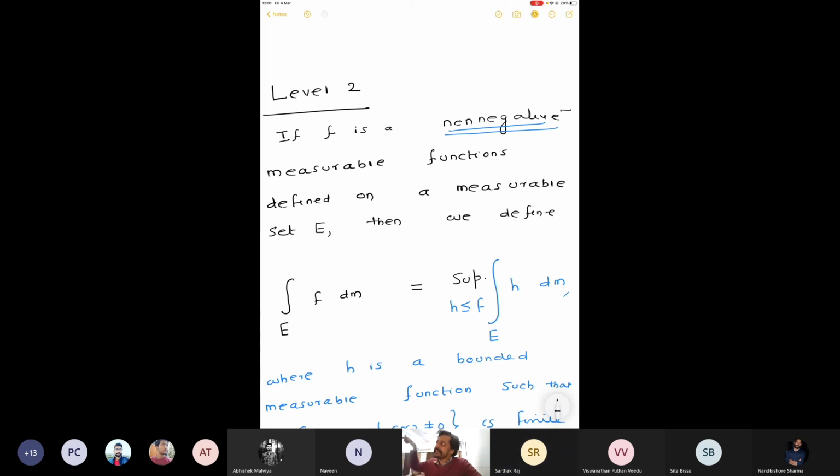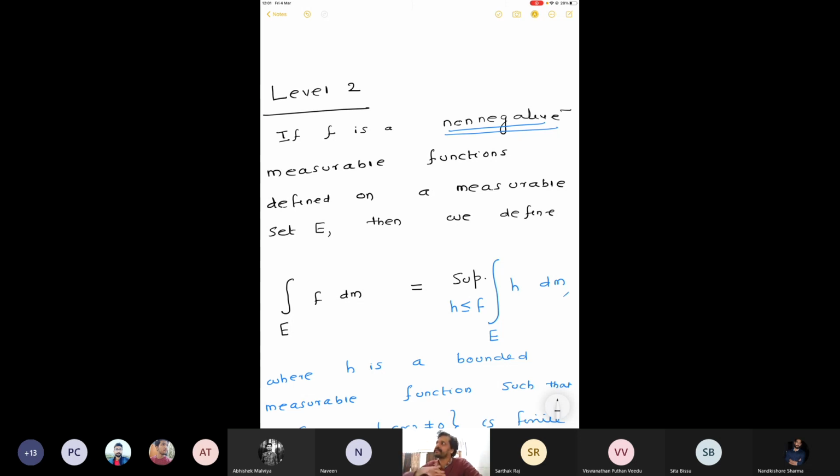What's the guarantee that the supremum taken over all simple functions, and level 0, one single-step definition, will coincide? That is what I am asking. Of course, while defining level 2, level 0 is used. That is okay.